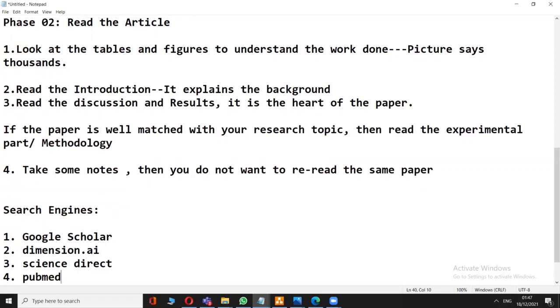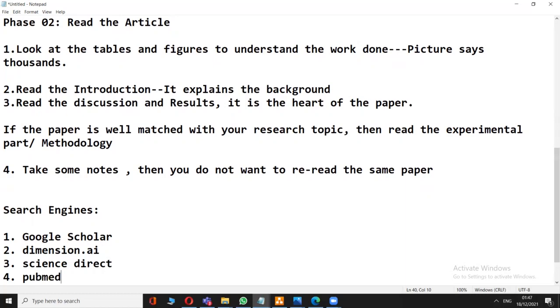Actually, the project that I'm going to do is related to the brain-computer interface. So there are a lot of neuroscience related tasks available. So PubMed is a good search engine for that. Like this, you can verify what your search engines are.